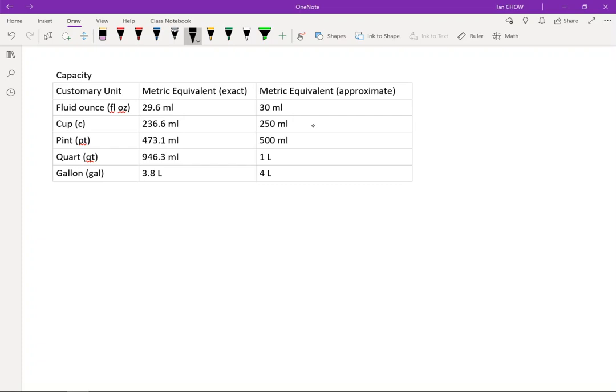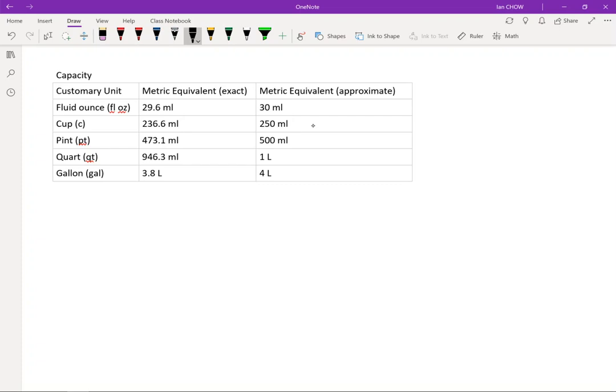A cup, we all know what a cup is, your standard normal cup. Some cups are slightly bigger. If you have a large mug, that would probably be up to a pint. If you go out to a restaurant and you see adults drinking beer, that's usually a pint. That's 500 milliliters.